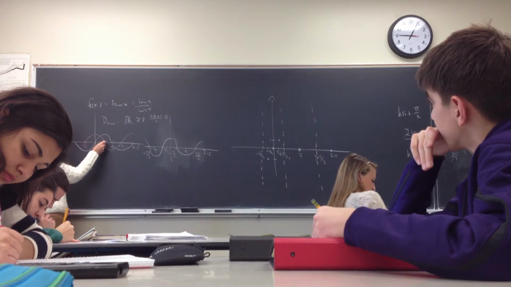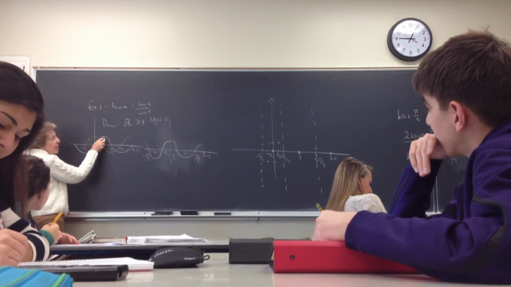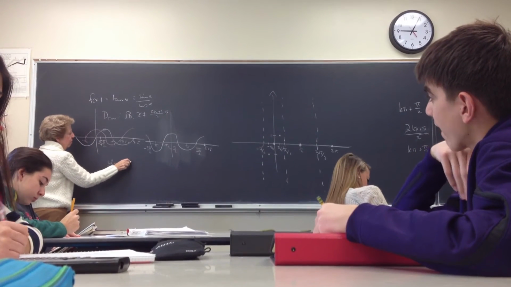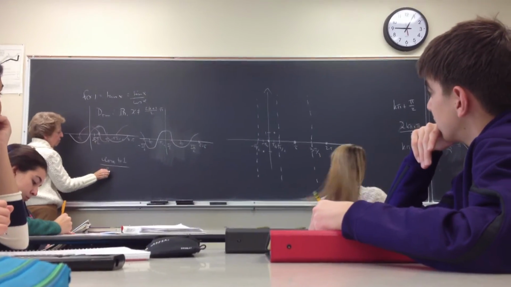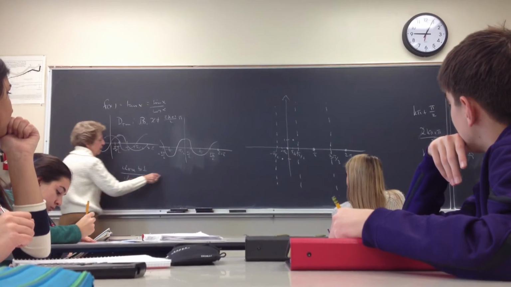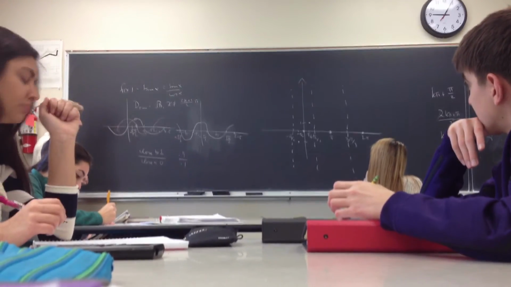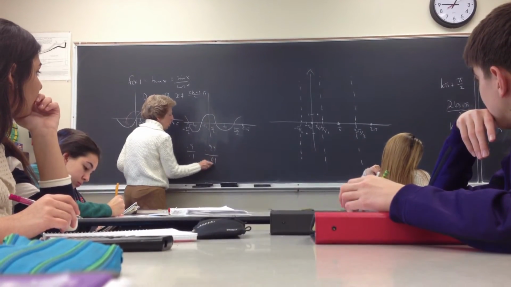Now when I get close to pi over 2, the sine curve is getting close to 1, so the numerator is close to 1. The denominator is getting close to 0. So I have something like 0.9 over 0.1. And I have 0.99 over 0.01.